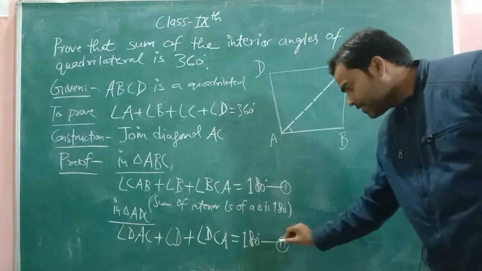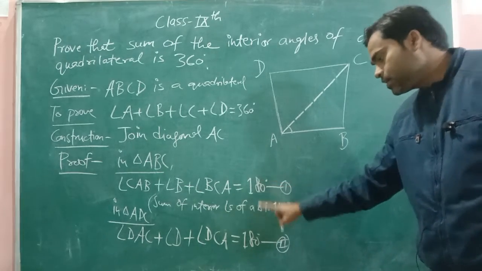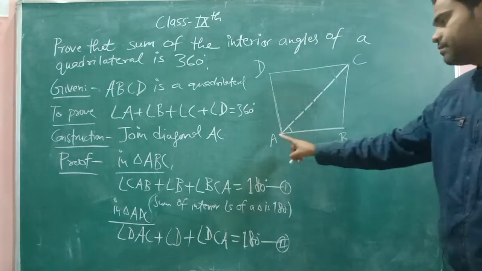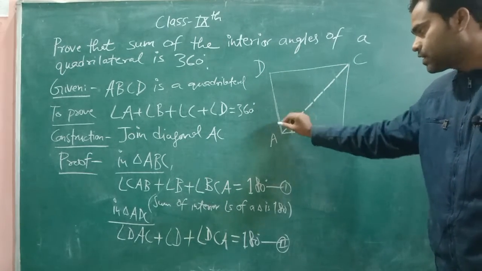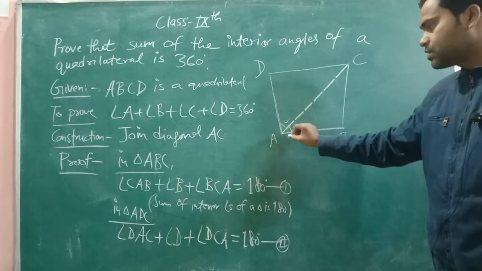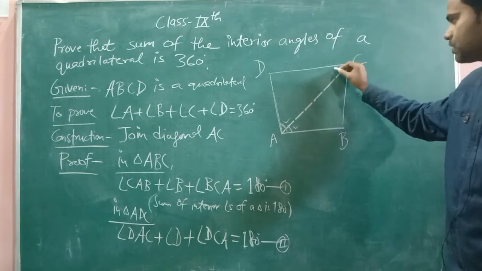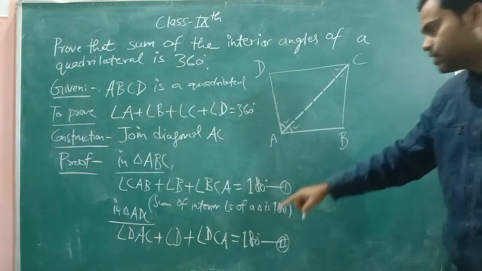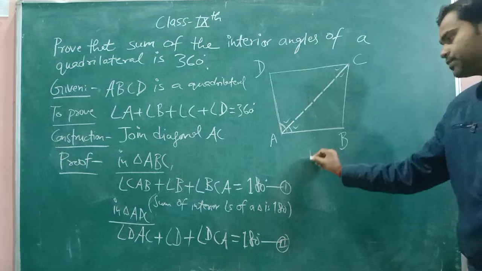Now we will add these two equations. Right hand side will be 360 degrees. Angle BAC plus angle DAC will be angle A, and angle BCA plus DCA will make angle C, and B and D are taken separately. So add 1 and 2.